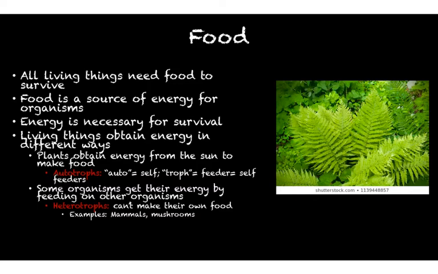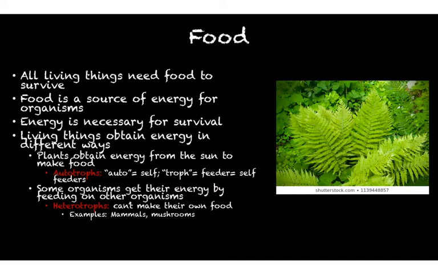There are two different ways in which organisms get food on Earth. For example, plants obtain their energy from the sun in order to make food. So plants are considered autotrophs. If we break that word apart, auto means self and troph means feeders. So autotroph means self-feeder. Plants obtain their energy from the sun to make their own food through photosynthesis.